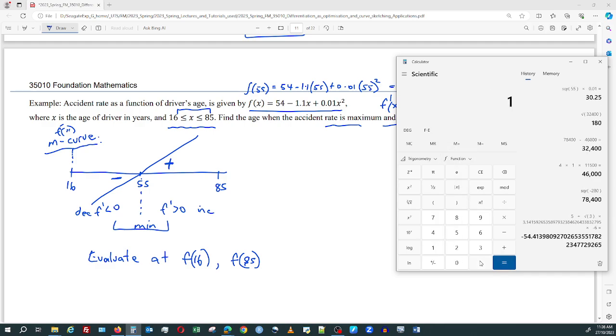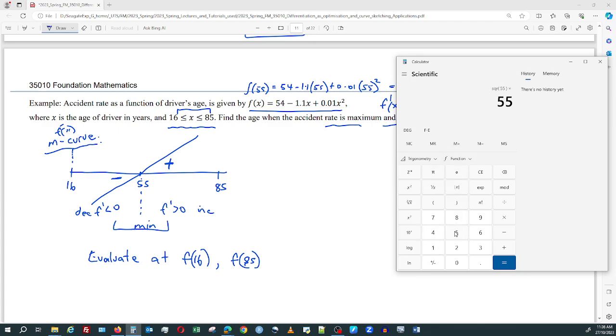Then we've got 1.1 minus times 55, and I'll add that to the memory, and 54 we can add that to the memory. So all of that then should be the sum. Let's try that again. 55 squared times 0.01. Add that to the memory.